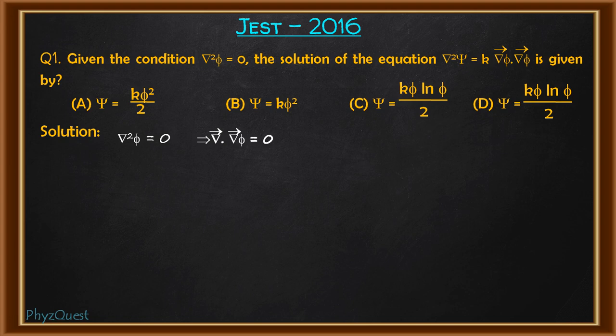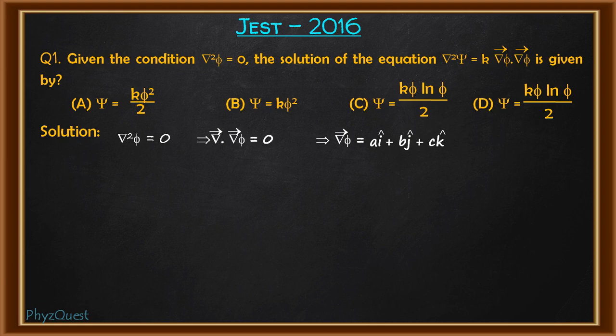Because whenever constant components are involved, the divergence operator acting on it will give 0. So that means the gradient of phi will have constant components. So we can write gradient of phi is equal to a i cap plus b j cap plus c k cap, where a, b, c are constants.